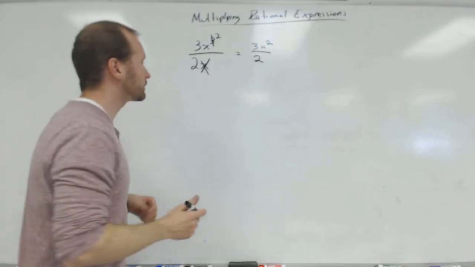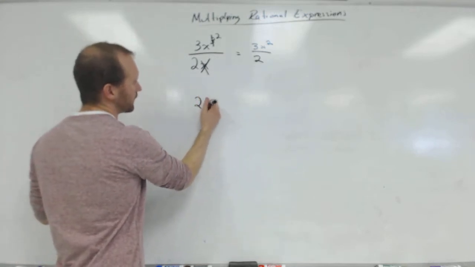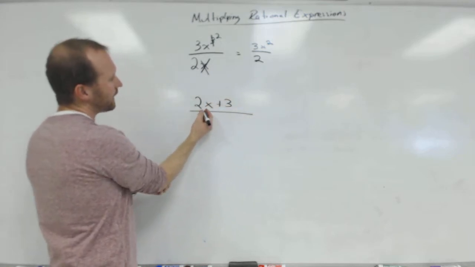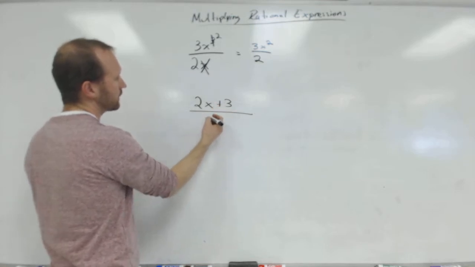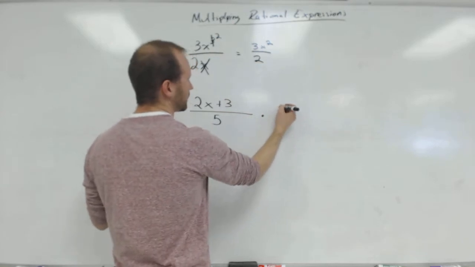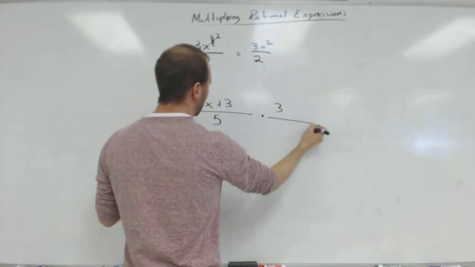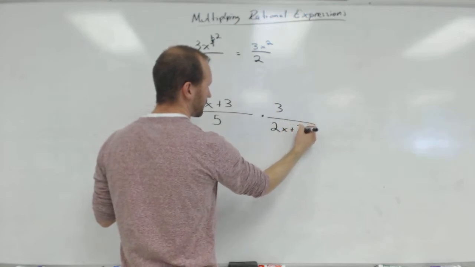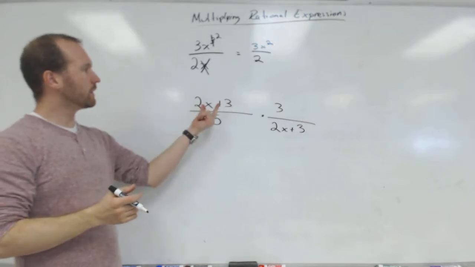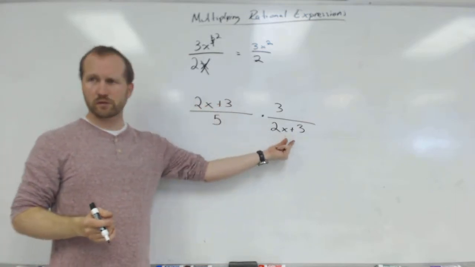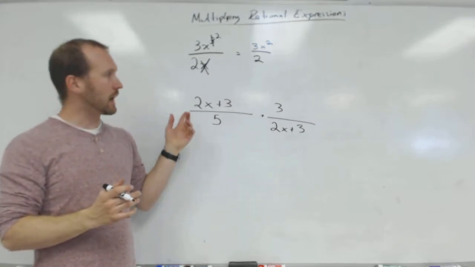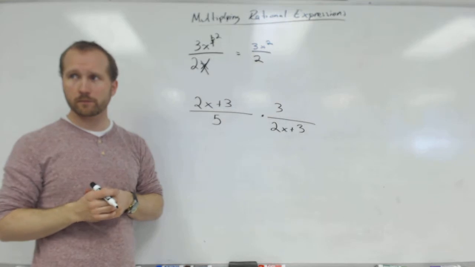And in fact, we can not only cancel variables and numbers, we can cancel entire expressions. So if I had (2x plus 3) over 5 times 3 over (2x plus 3), I can actually cancel the 2x plus 3 with the 2x plus 3, because it's a factor in the top and it's a factor in the bottom.